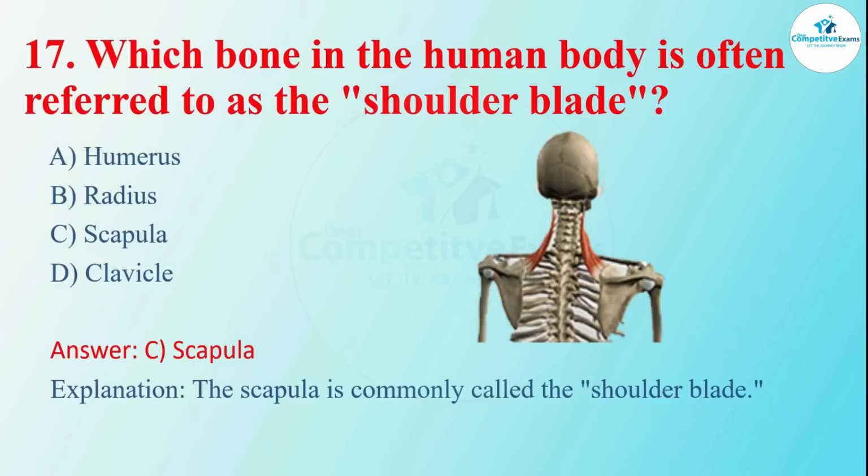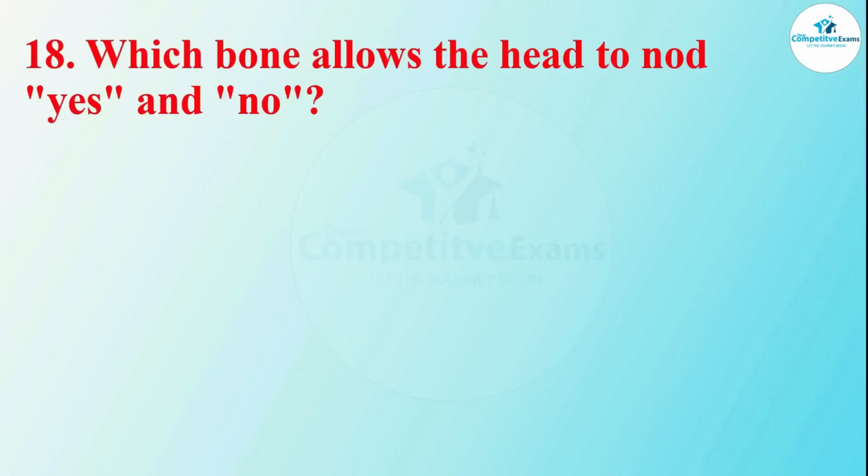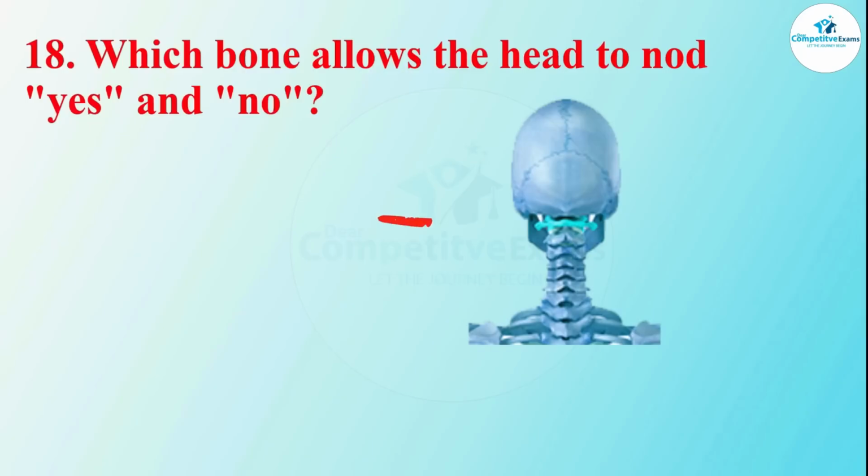Let's move on to question number 18. Which bone allows the head to nod yes and no? So when we nod our head to say yes or no to somebody else, which bone allows us to do that?